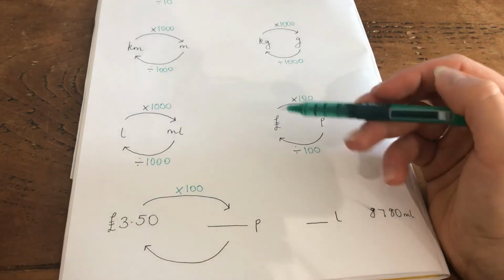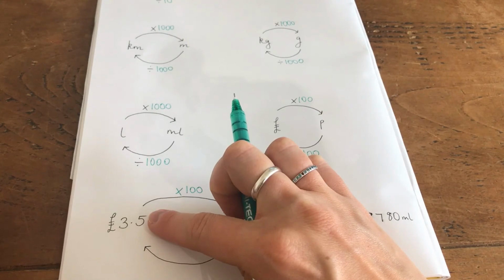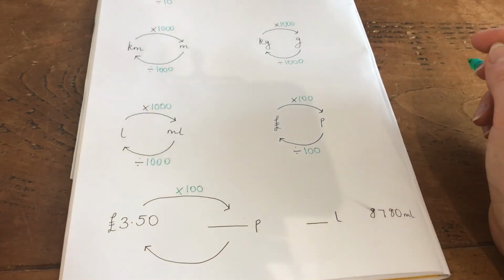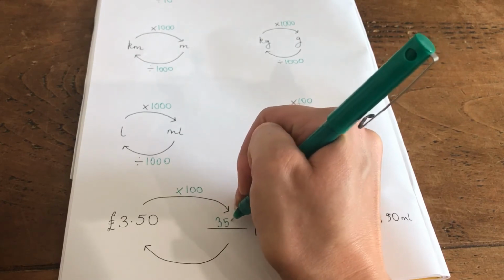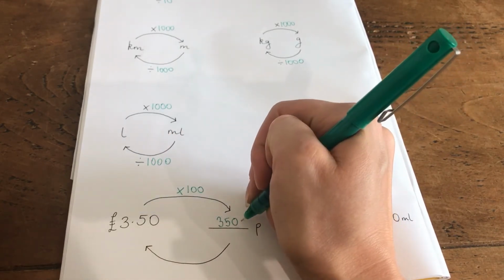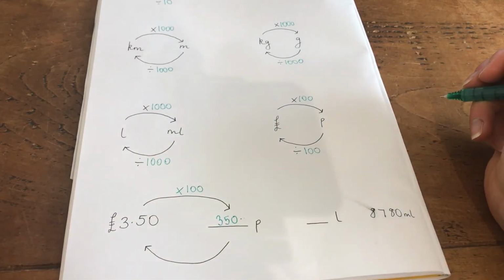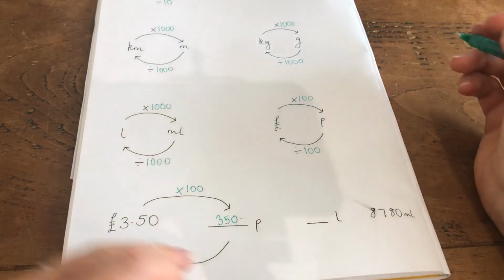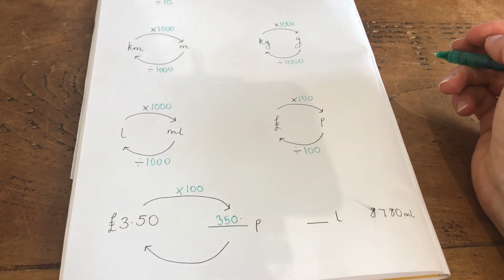So what would 3.5 times 100 be? 350. The decimal point would have ended up at the end there, but we don't need to put it because there's nothing that comes after it. It moved up the place value chart, so the decimal point has ended up down at the end.